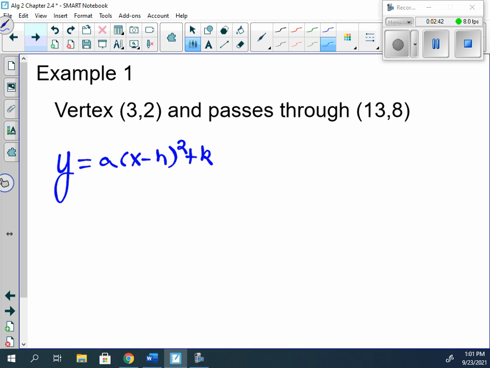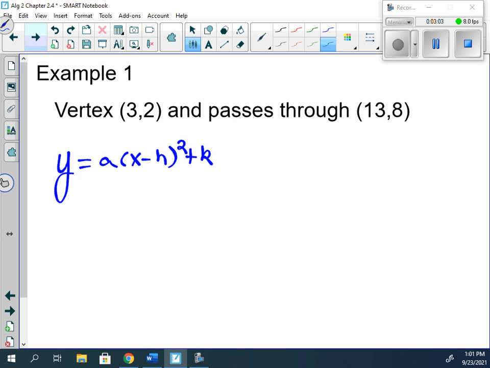Okay, so this is the formula we're using. What are we given? We're given the vertex, so I'm going to use the equation of the parabola that's in vertex form. So you can go on and just circle that equation because that's the one we're using.